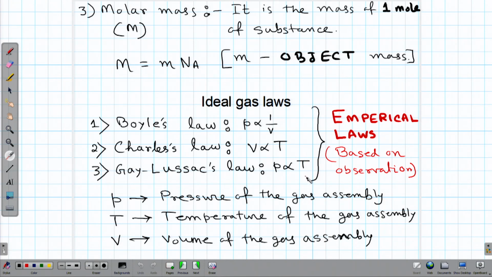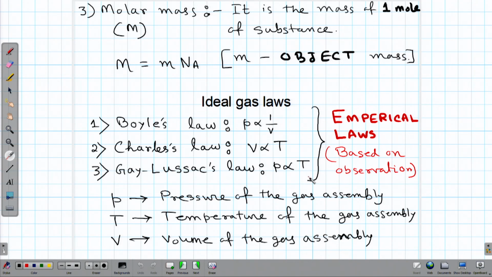If we go to very low or very high temperature, or the pressure goes up or the volume becomes very small, then these empirical gas laws are not valid anymore. So there is a certain range of pressure and temperature in which these laws are valid for a gas assembly.